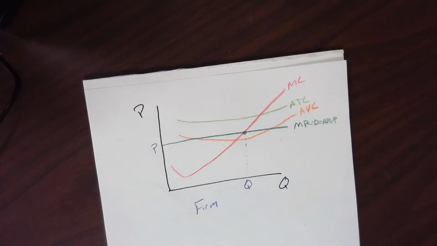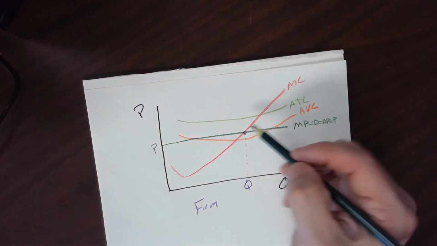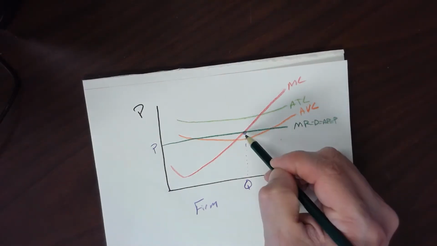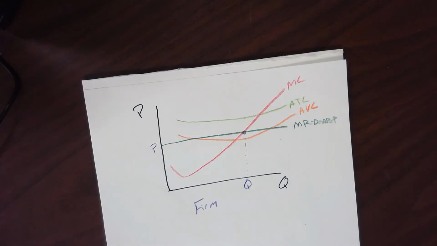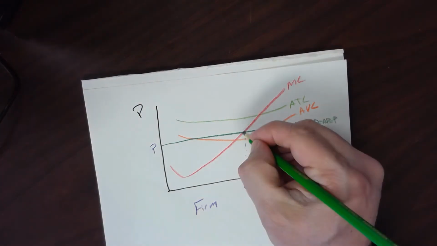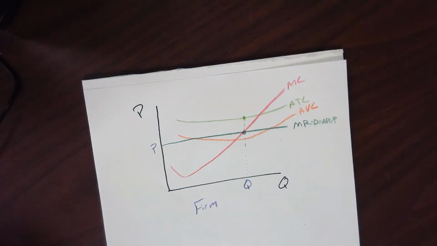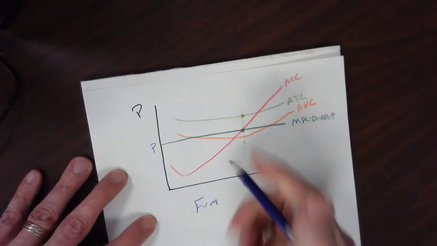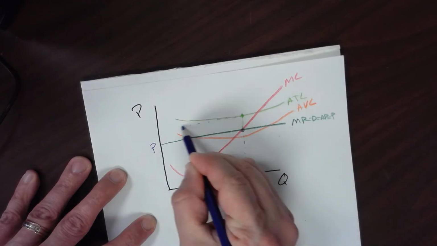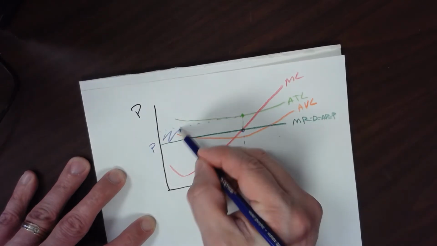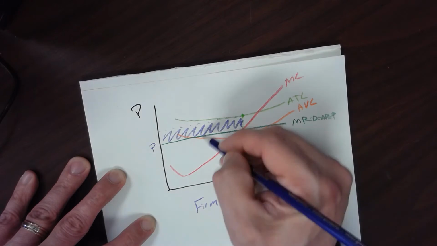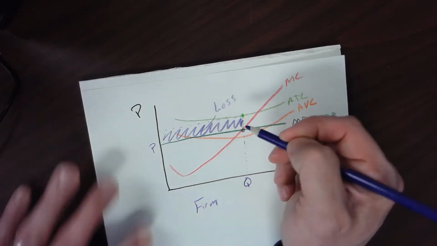All right, you know this company is at a loss if the average total cost curve is above where MR equals MC. So you take that quantity up to there, and then you draw it on across, and this area is your loss.